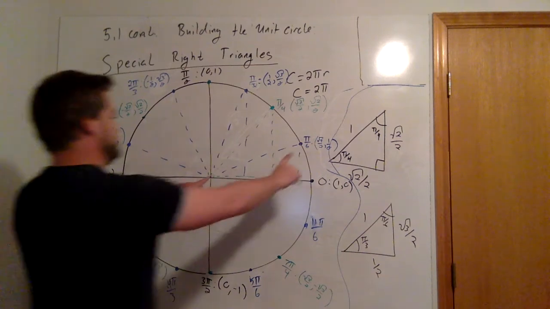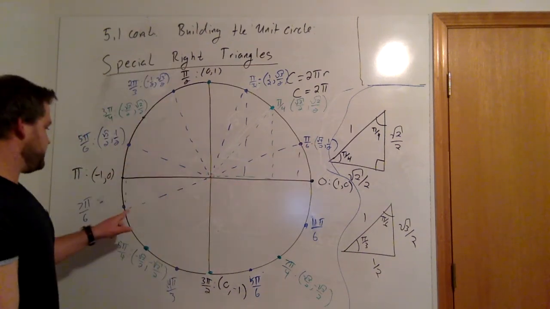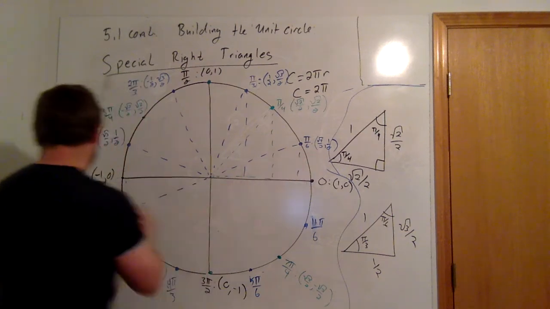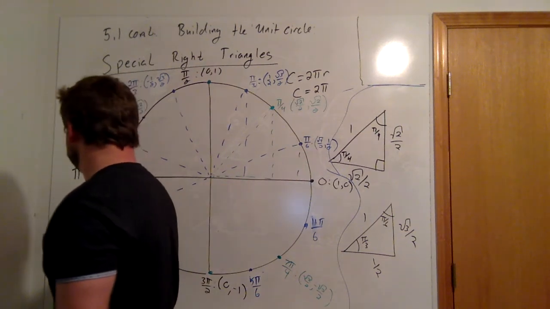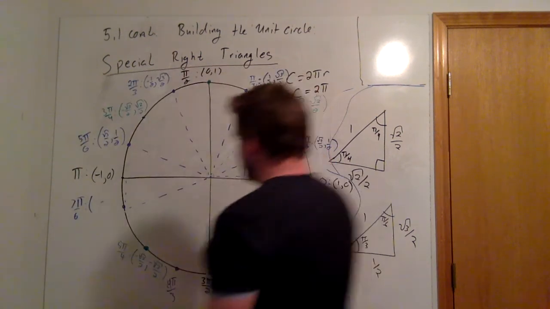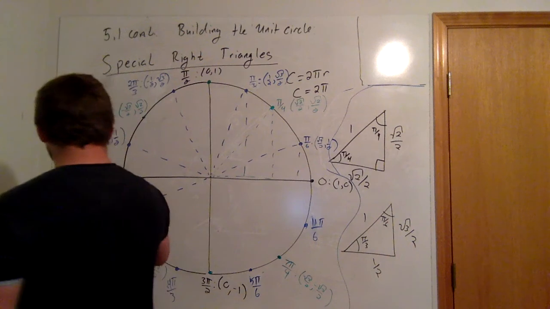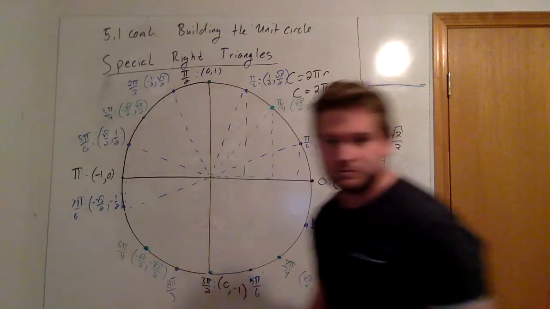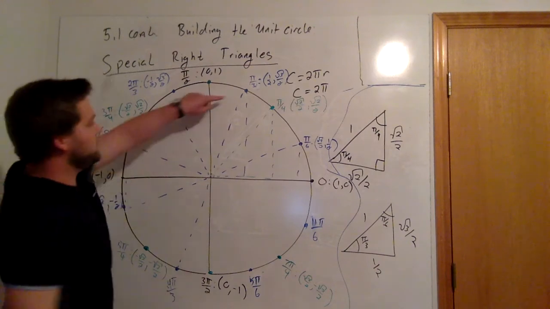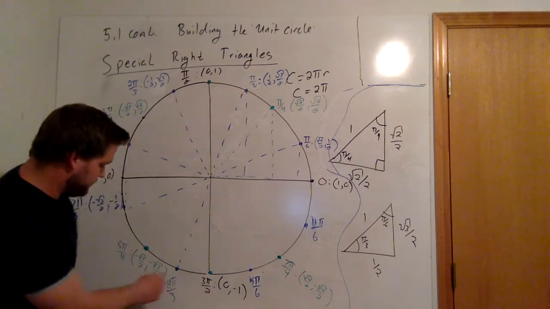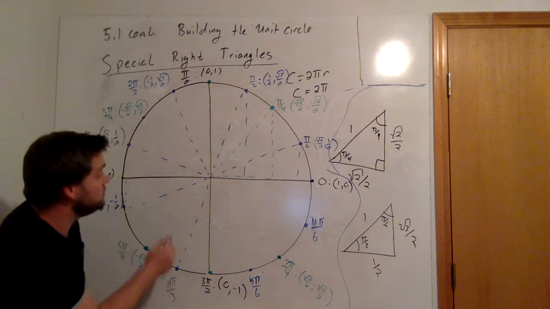If we kind of think about just taking this triangle and replacing it right here, both the x and y coordinates will be negative. So for 7 pi over 6, it'll have a negative √3/2 and a negative 1/2. Over here, it'll be the same coordinates at this point, but both will be negative. So for 4 pi over 3, we walked 4 pi over 3 units around the unit circle.